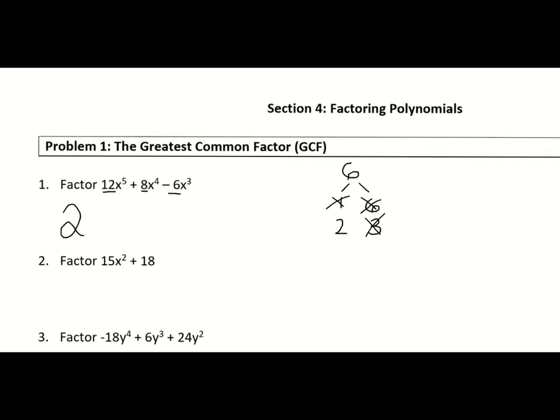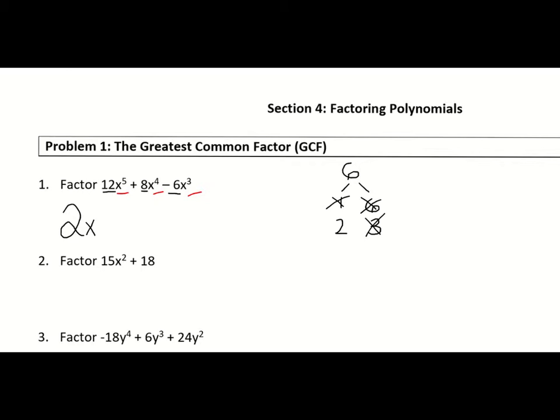Now, when there are also variables in the problem, I want to see if they have a variable in common between all of my terms. My variables: I have x to the 5th, x to the 4th, and x to the 3rd. So all of my variables have an x. With this 2, I'm also going to write an x.